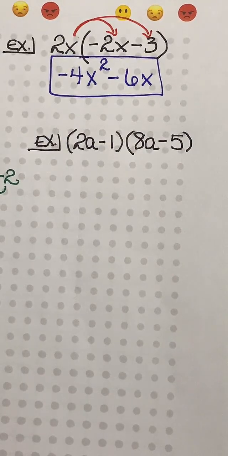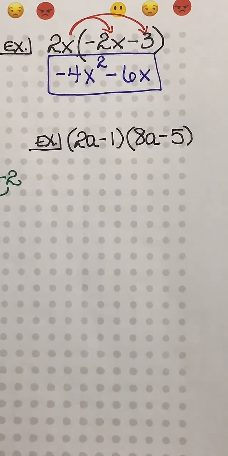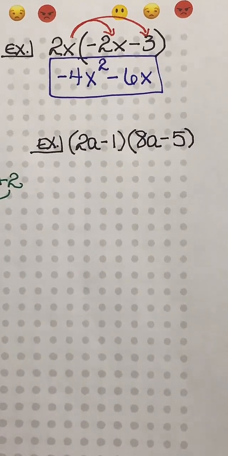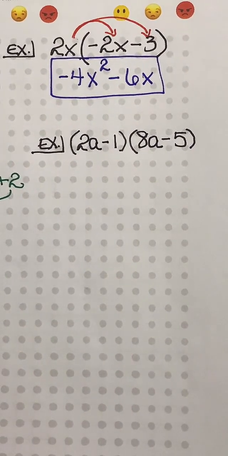Okay, now, what should I combine first? Or what should I multiply first? I should put it that way. What am I distributing? So we can do our FOIL. We're doing the 2a to the 8a.